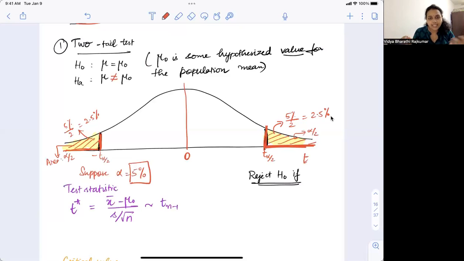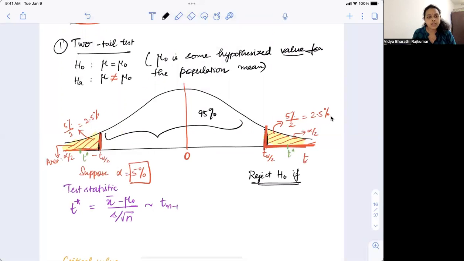So if my T statistic ends up falling here or here, it falls in the rejection region, meaning the specific t-score that I've gotten for my hypothesis is beyond this threshold value that I'm setting. So essentially, between these two threshold values, 95% of the cases are accommodated. Only 5% values are left.